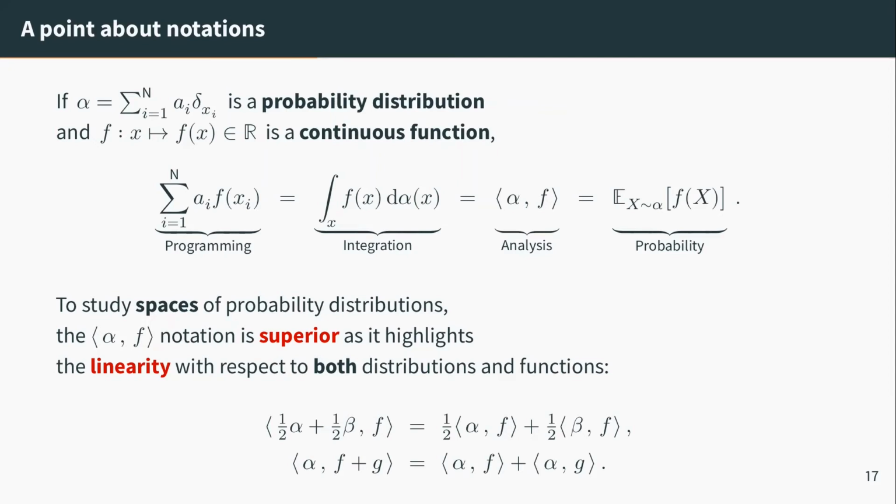And finally, in probability theory, okay, we like to talk about expectations. Okay, and so we write that the integral is the expectation of f of x, where x is a random variable of law alpha. All of those notations really just highlight different things and they correspond to a different prior on what is interesting and what is not interesting.